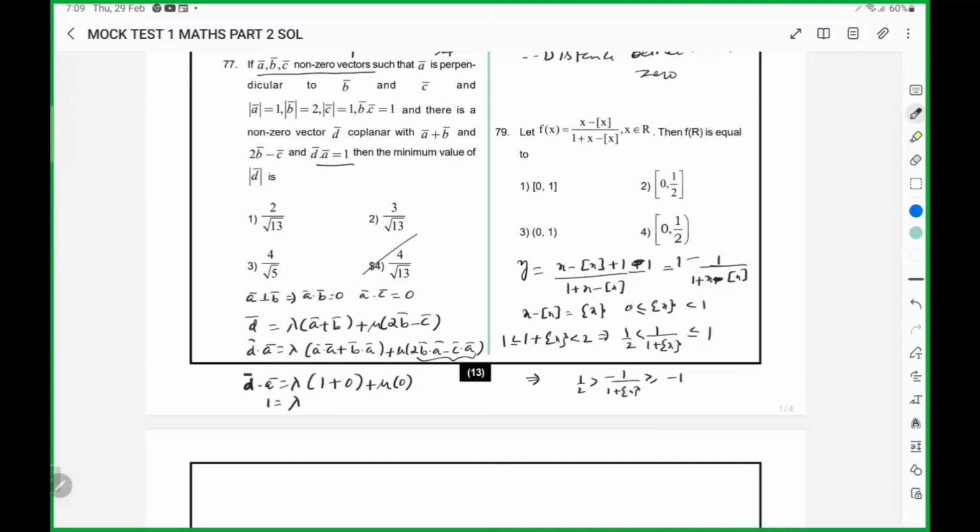Once you multiply by half, 1 half is greater than 1 minus 1 by fractional part of x, greater than 0. So the range is 0 to half.